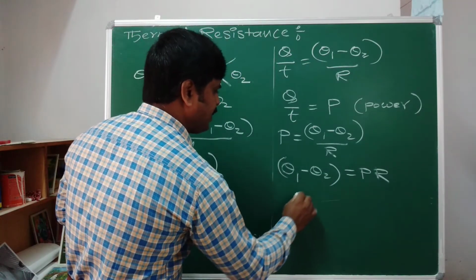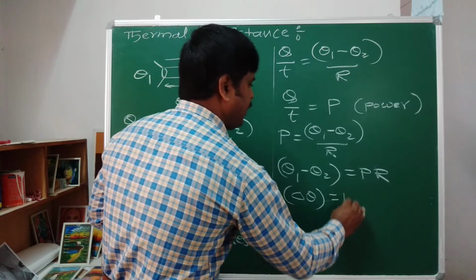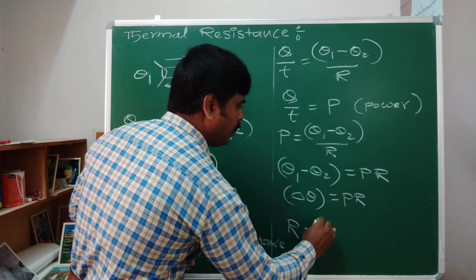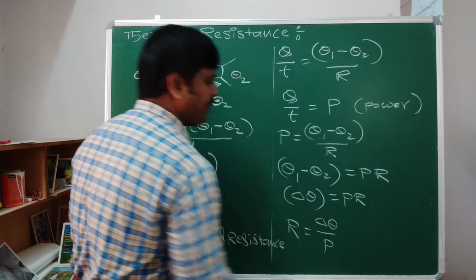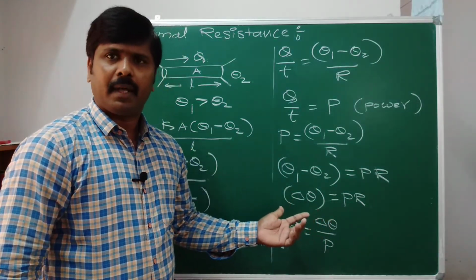This is taken as delta theta, which is equal to P into R. So R is equal to delta theta divided by P. Delta theta is the change in temperature.